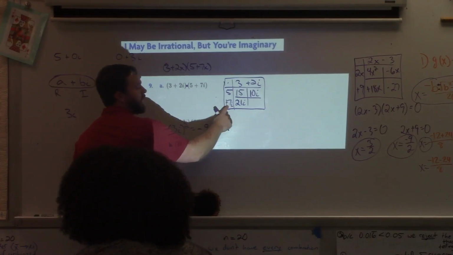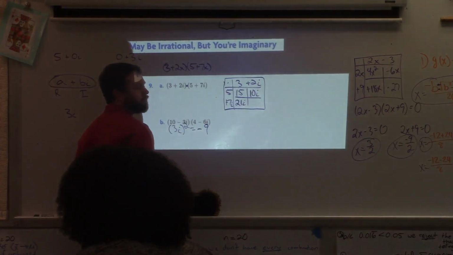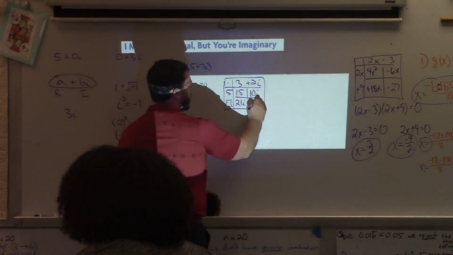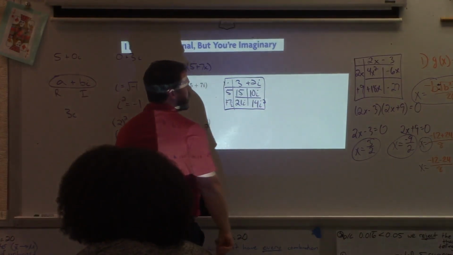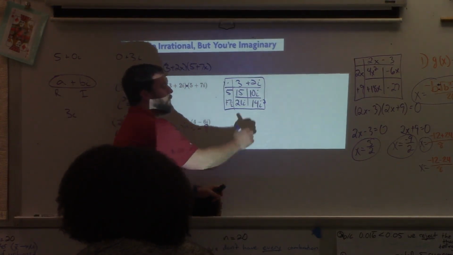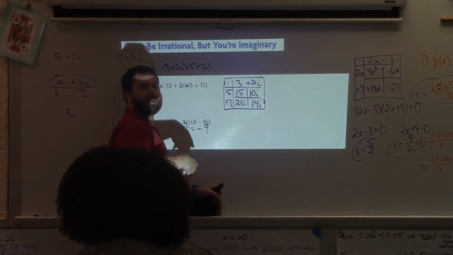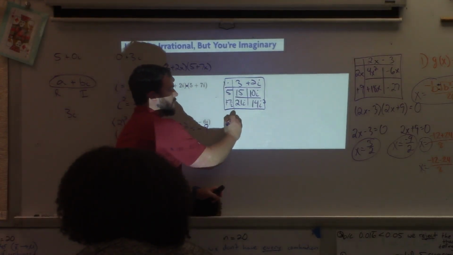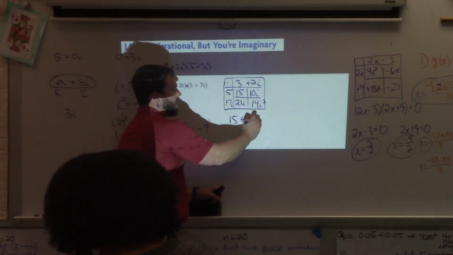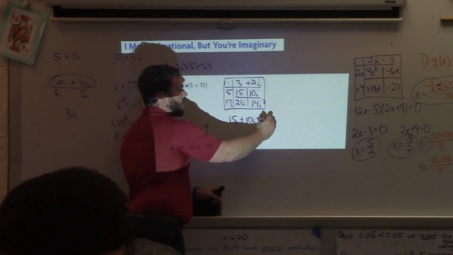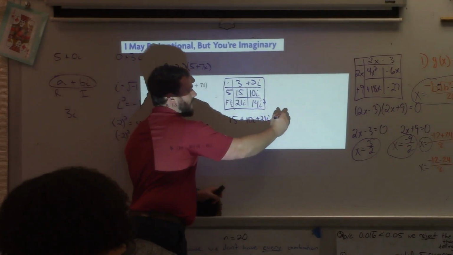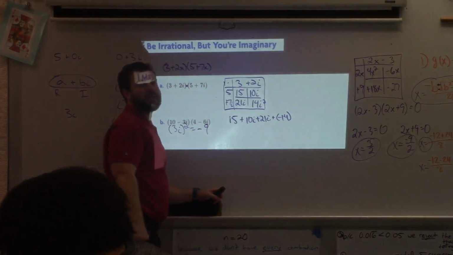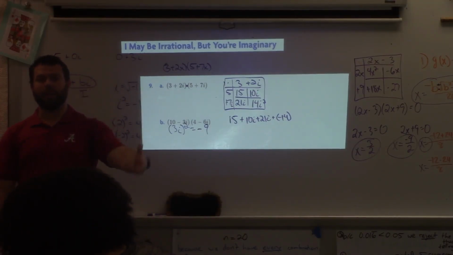And what is 7i times 2i? 14i squared. Now, we need to remember the whole point of i squared is that we now get a, what kind of number? A negative. So we put 15 plus 10i plus 21i plus actually a negative 14. The whole point of i squared is now I get a negative.